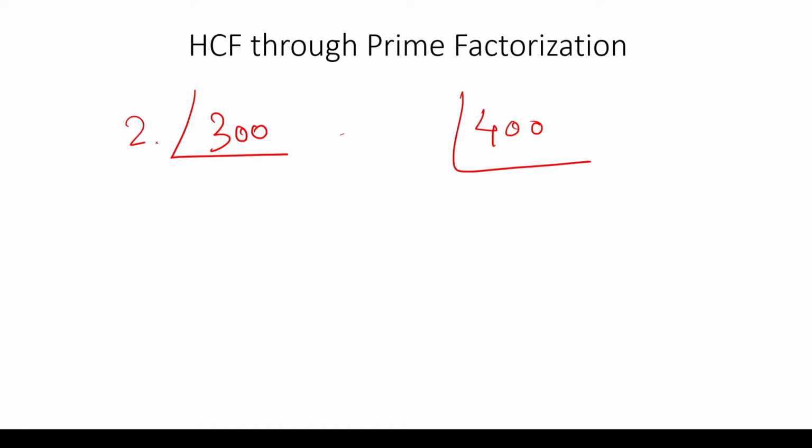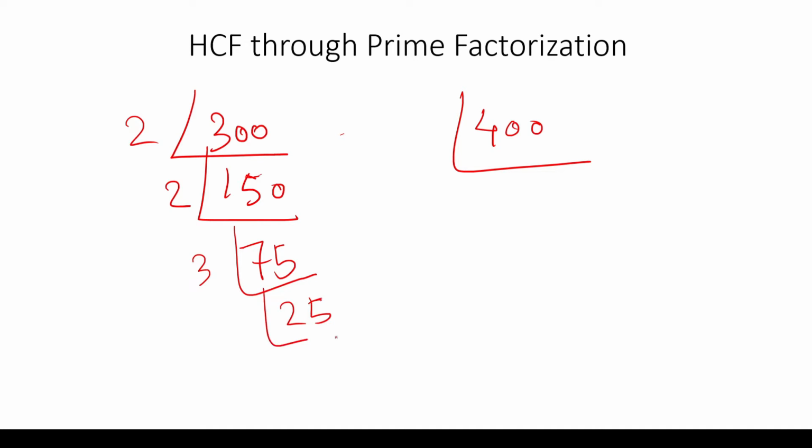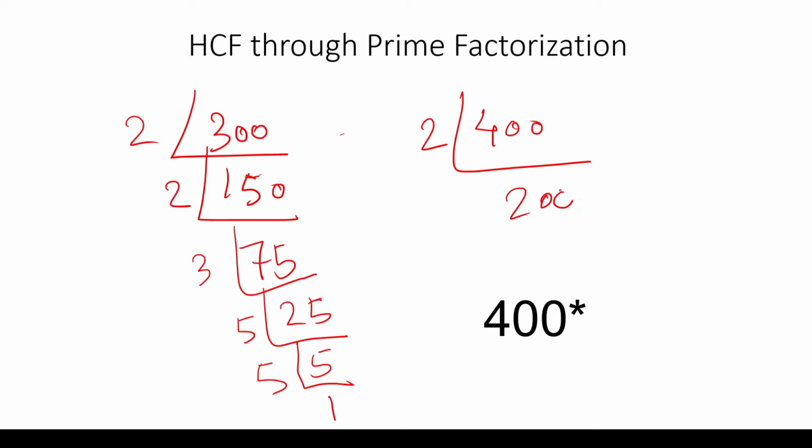Like 2 divides it, the smallest number, then it will be 150. Now again it is divisible by 2, so it will be 75, then divide by 3, then it will be 25, then by 5, it will be 5, and 5, then 1.